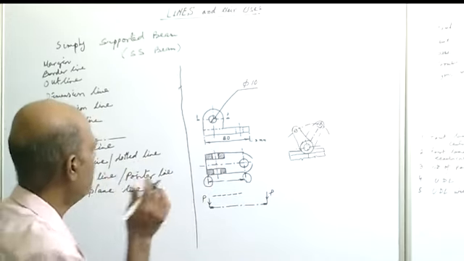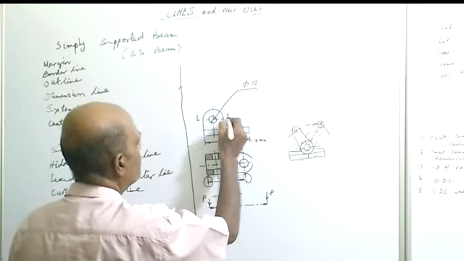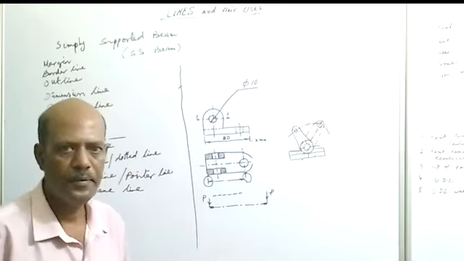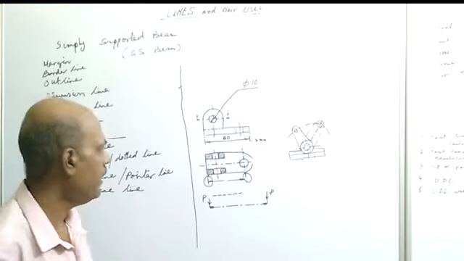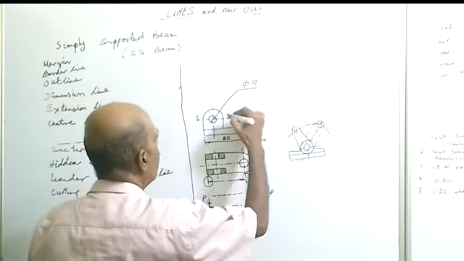It shows that the cutting plane is passing through this line, so this is called the cutting plane line.